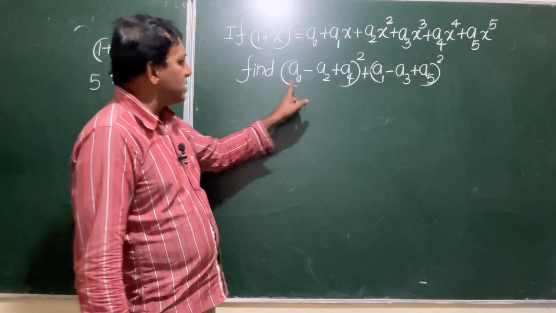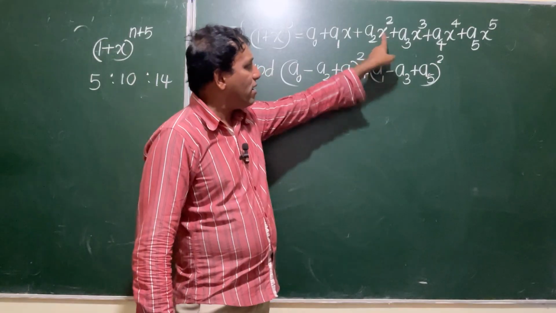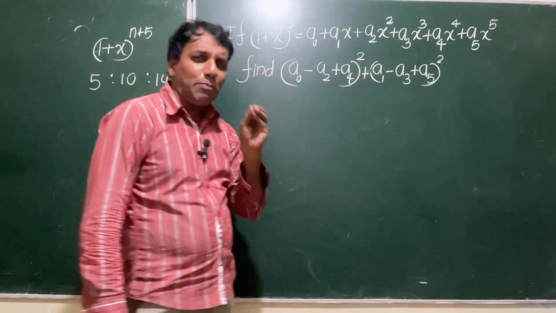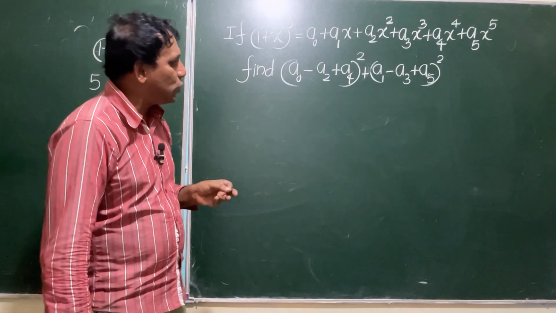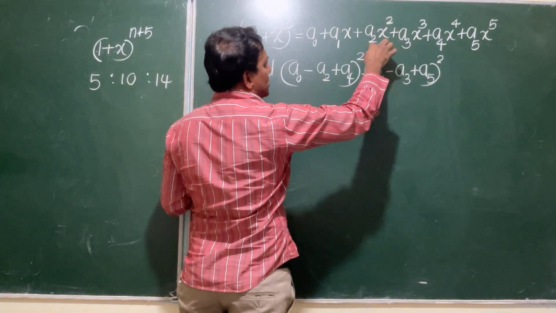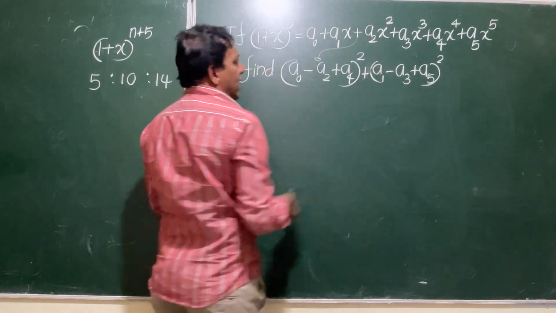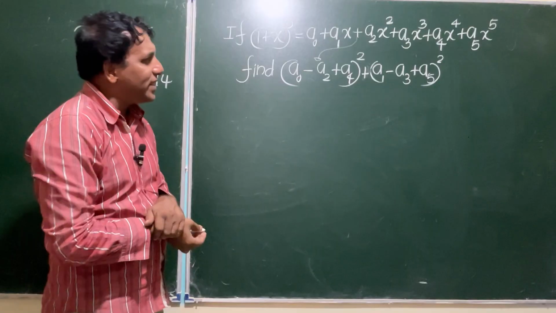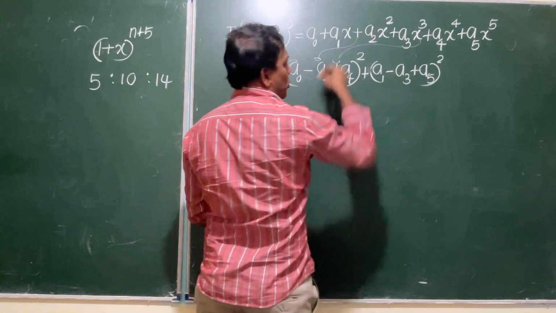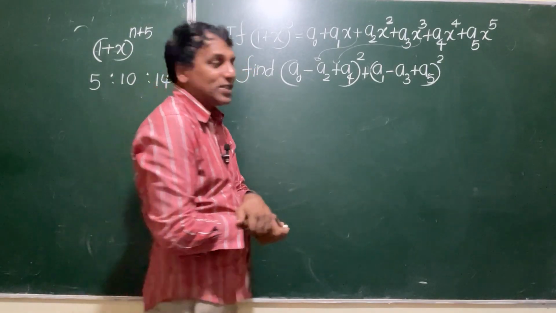Here see that a naught, a2 here with x square, a3 here: some values are positive, some values are negative. The a2 coefficient becomes minus, a4 is positive, and a3 is also minus, okay?